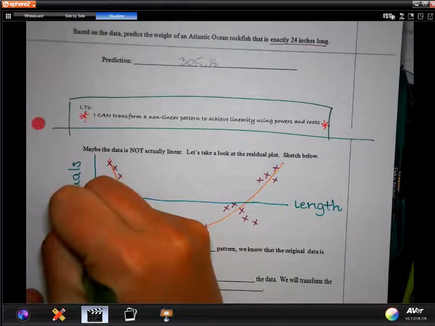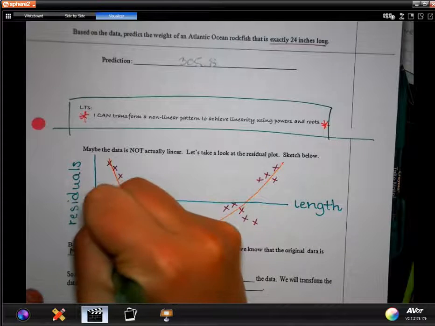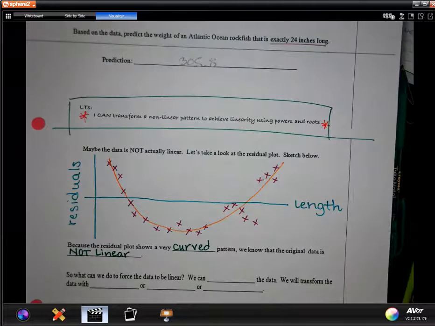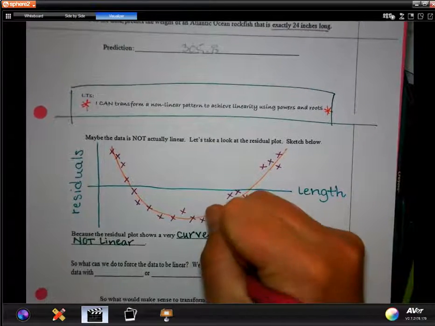And some of you, to get your least squared regression line, you made the scatter plot and then told it to do the trend line. So you saw it wasn't straight to begin with. You saw it had a curve. So like I said, today we're going to learn how to force data to be linear so we can do regression. So what can we do to force the data to be linear? We're going to transform the data.